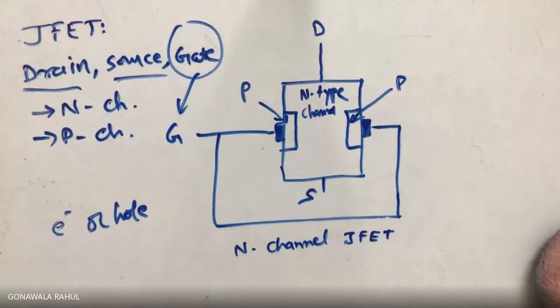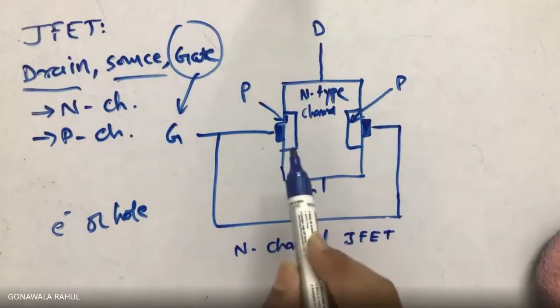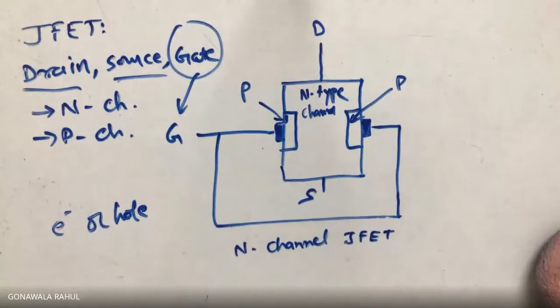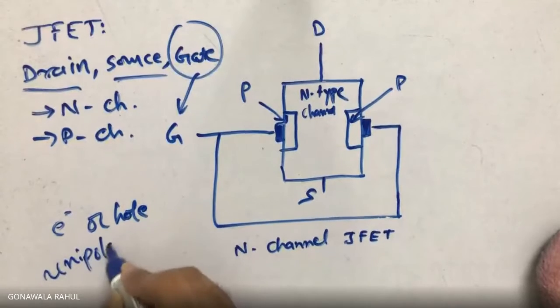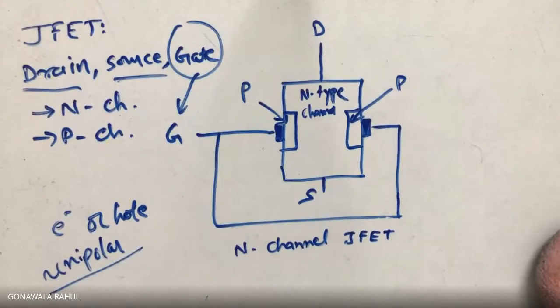So here in JFET, the current consists of only one type of carrier. Therefore it is known as a unipolar device. While BJT, as the name itself suggests, is a bipolar junction transistor.